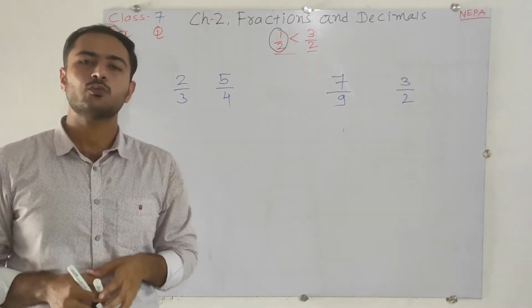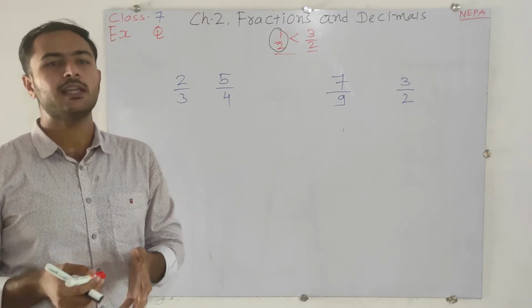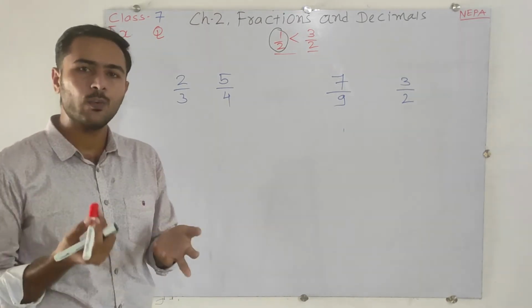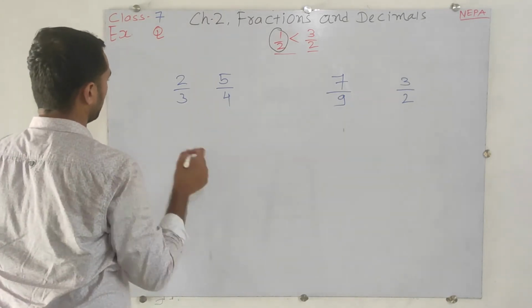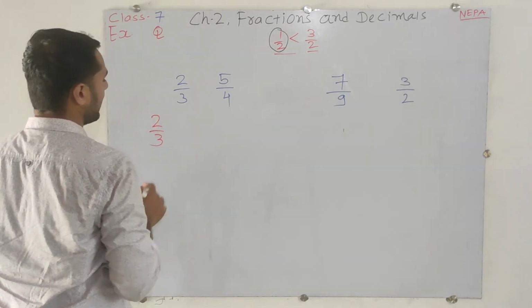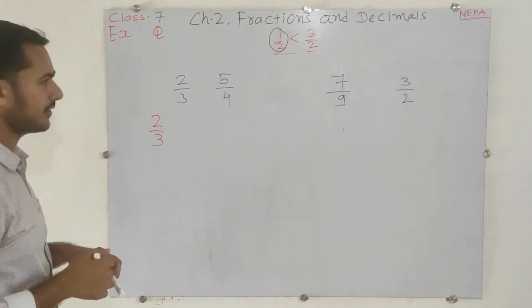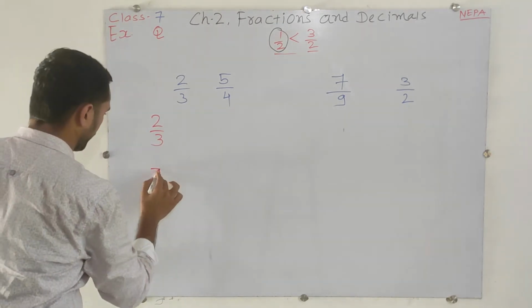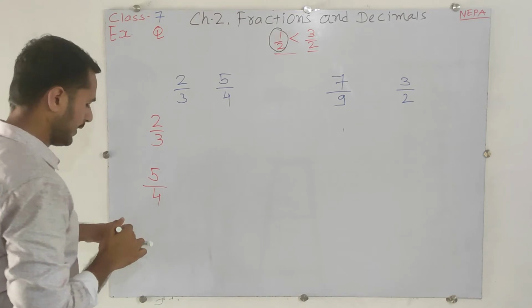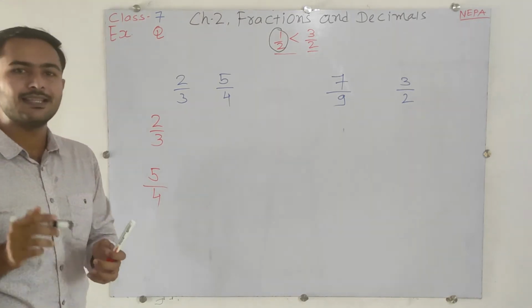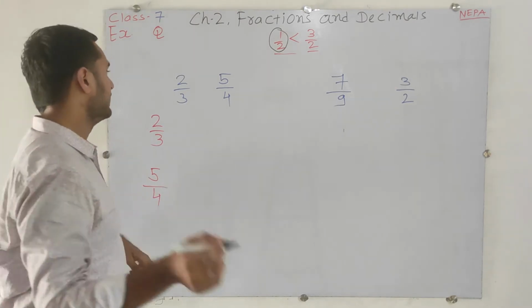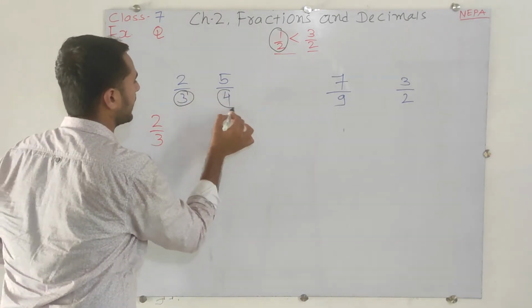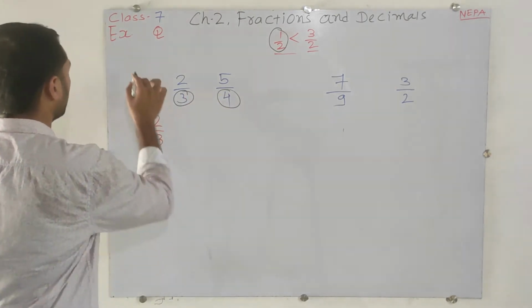So the first step is, what will we do? We will simply make the denominators the same. How can we do that? Let's start with 2 by 3. Here we have 2 by 3 and 5 by 4, the two numbers. Now simply identify the LCM of the denominators 3 and 4.